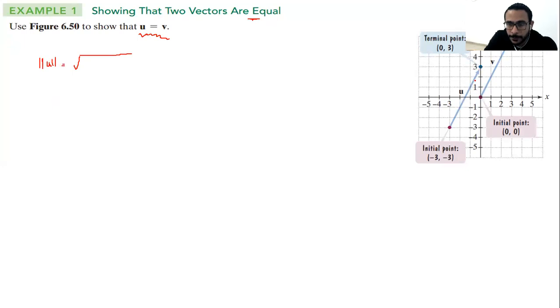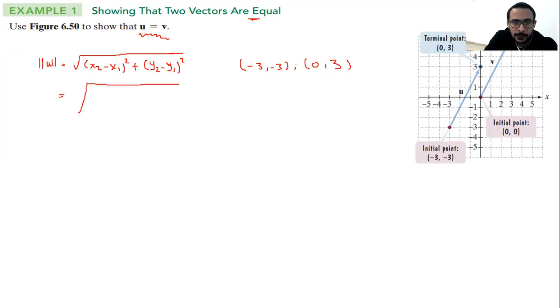These are two points, so we can use the distance formula: the square root of x2 minus x1 whole squared plus y2 minus y1 whole squared. I have two points for u: negative 3, negative 3, and the other point, which is 0 and 3.